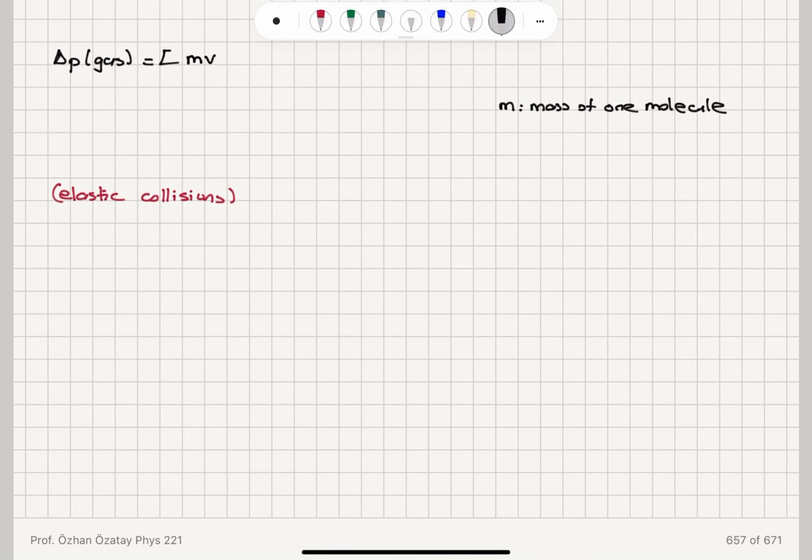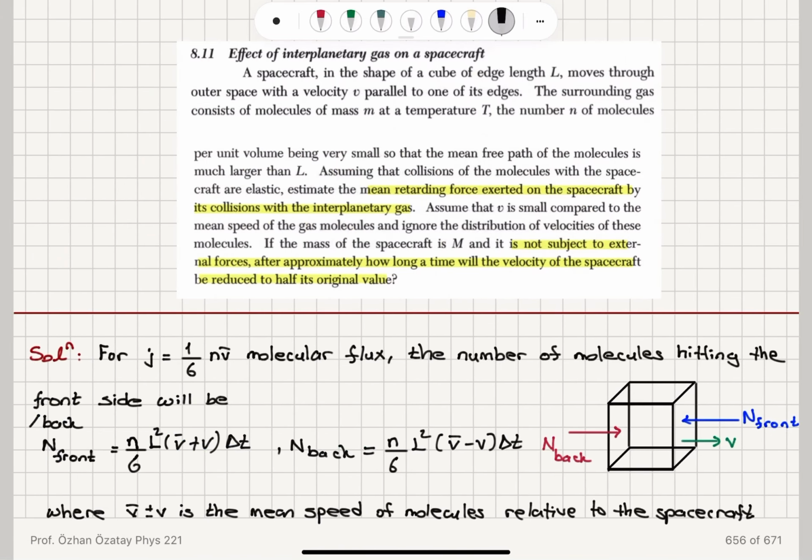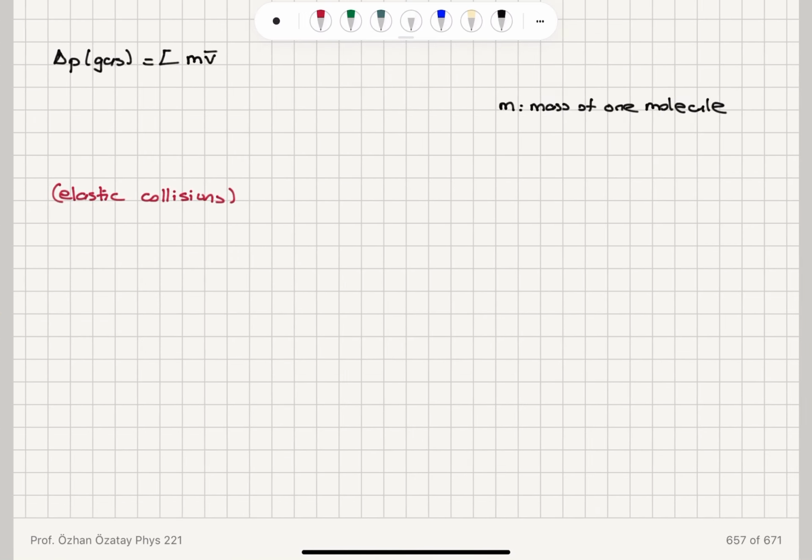So m v bar is their final linear momentum, and the initial linear momentum is minus m v bar. So p final minus p initial, times the number in front, gives the change in the linear momentum of the gas molecules hitting from the front.